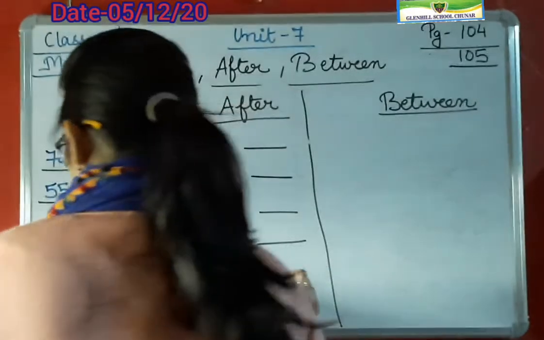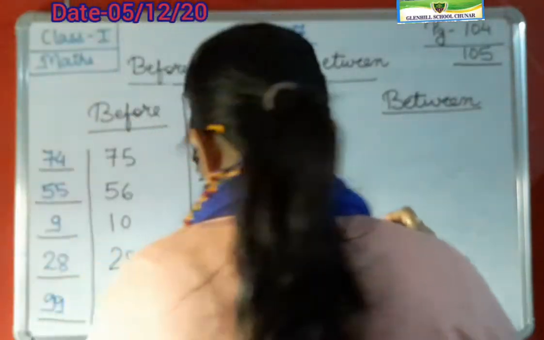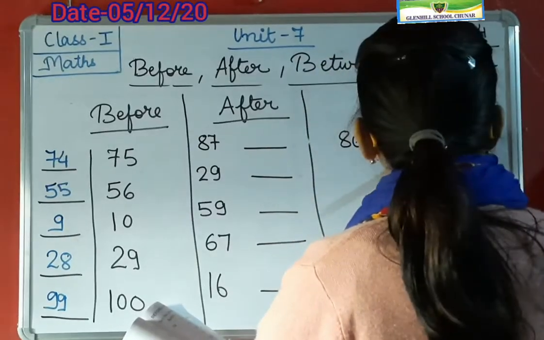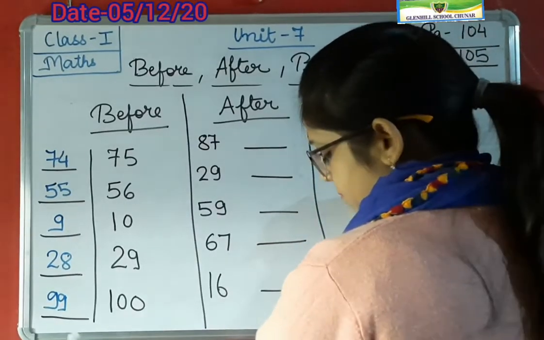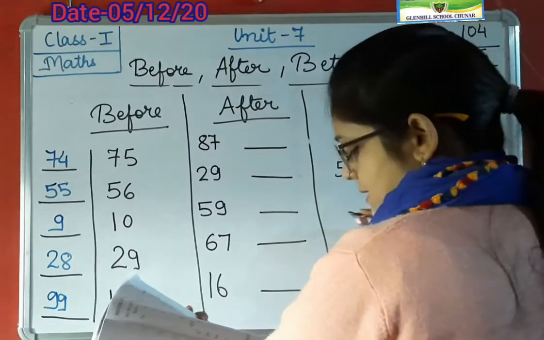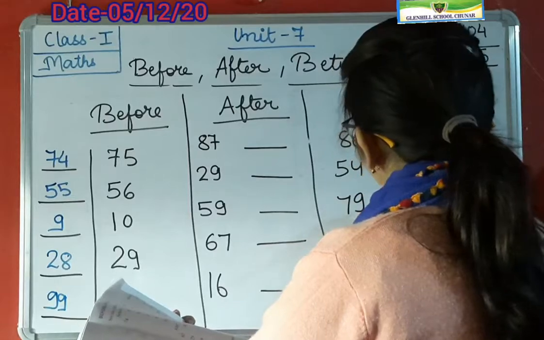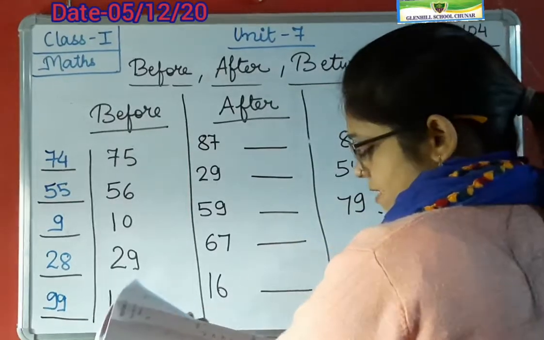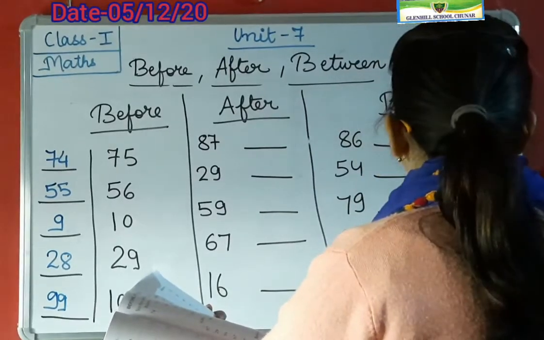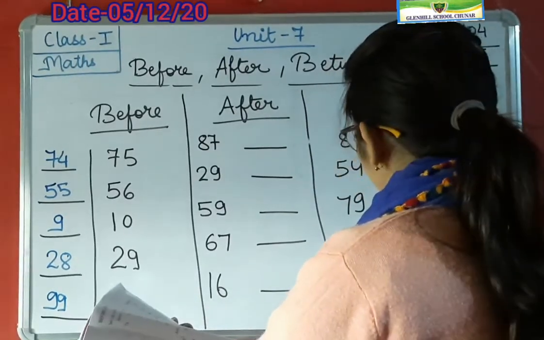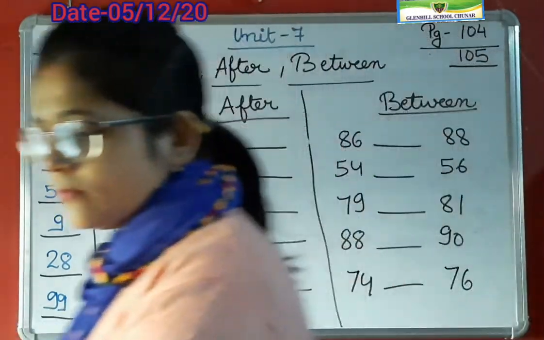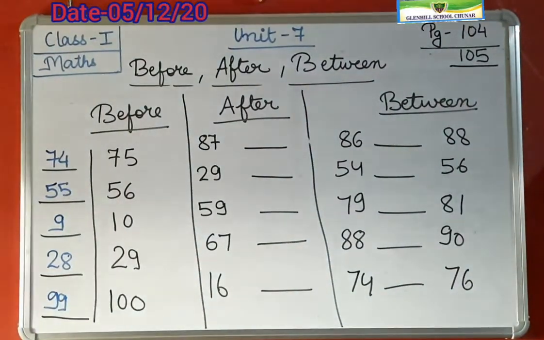Okay, I am also writing between. 86, 88, 54, 56, 79, 81, 88, 90, 74, 76. So these are the questions.